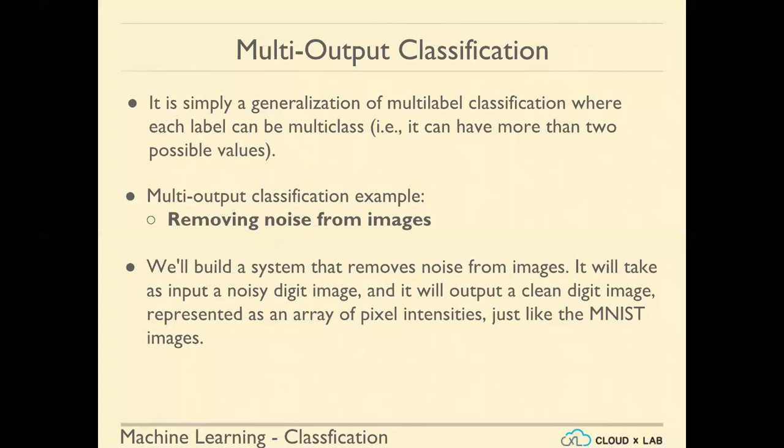In our case, the one which we have taken just now, there were two labels, odd and even, for each of the images. There were only two labels. All right, I think Noor is right.